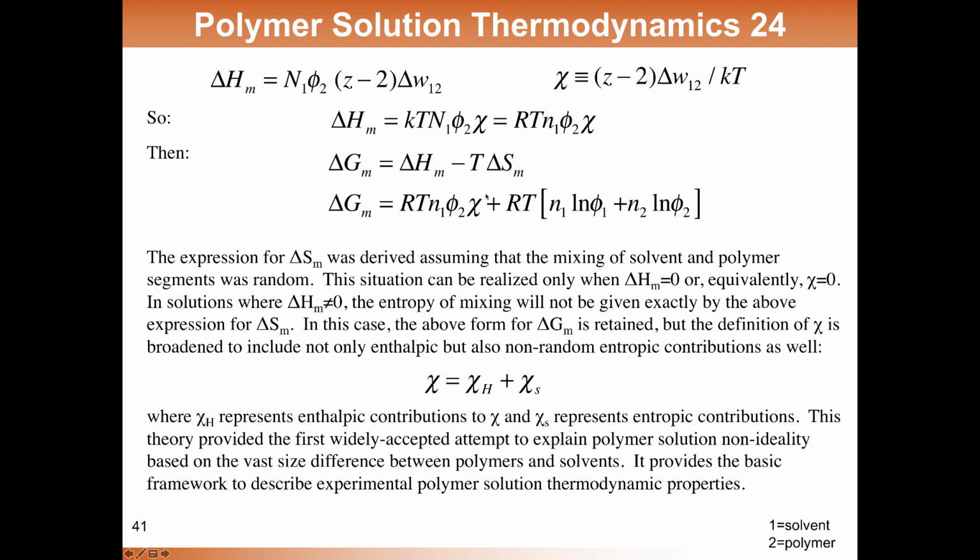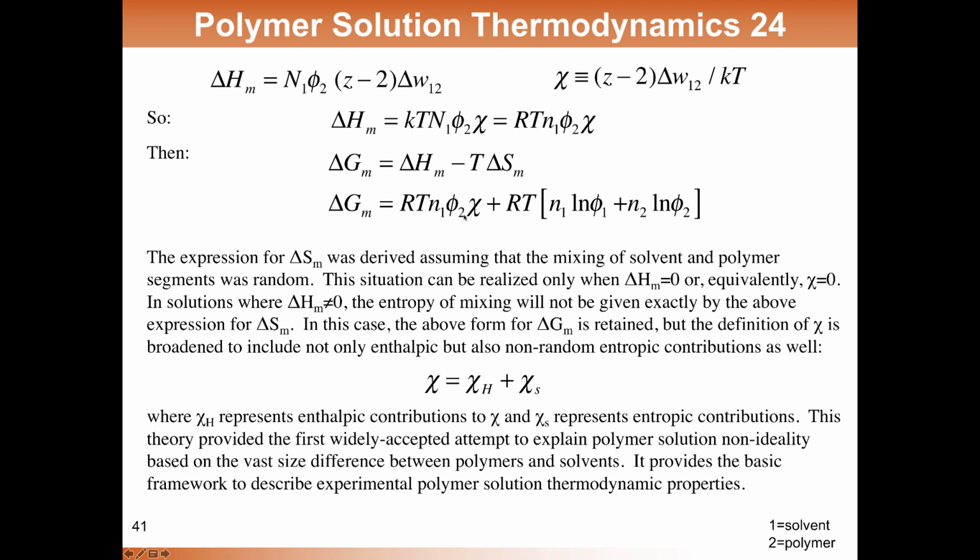The minute that you introduce a term that allows there to be differential energy of interaction between the polymer and solvent, now you start to make it so that either the solvent wants to stick to itself, energetically it's more favorable for the solvent to be close together, or it's more favorable for the polymer segments to stay together, or the polymer segments and solvent would rather be with each other than with molecules of their own kind.